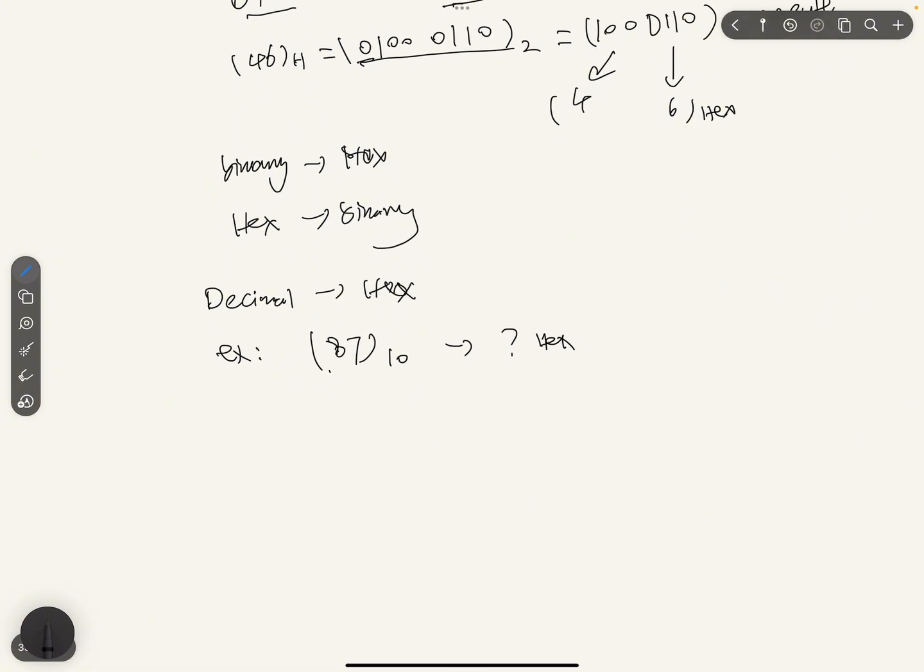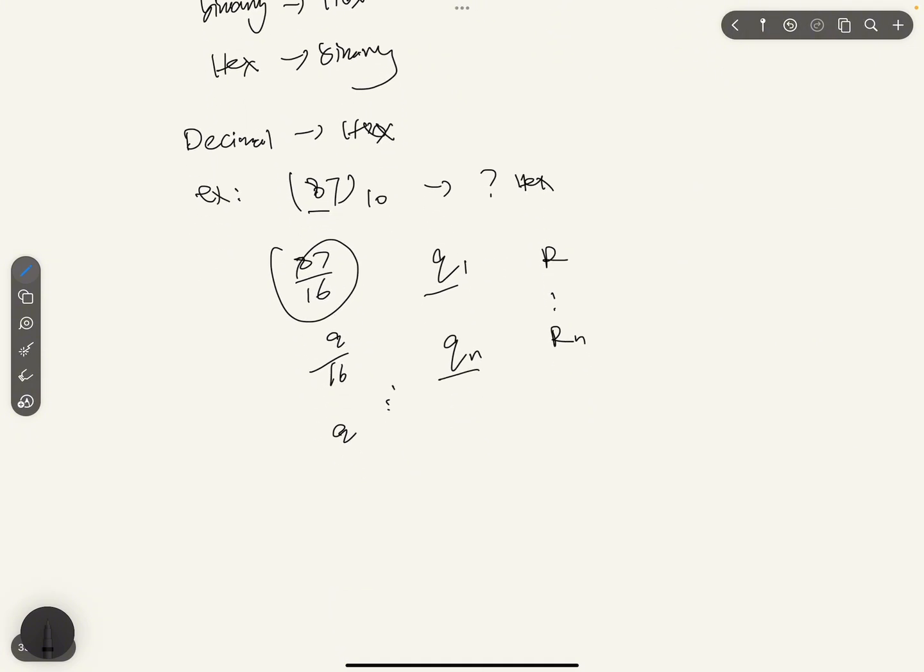Same thing, we just use that number and keep dividing by the base, which is 16. We get the quotient and the remainder, then we divide the quotient by 16 again, get another quotient and a remainder. We keep going until the quotient is 0. That's the point we stop.